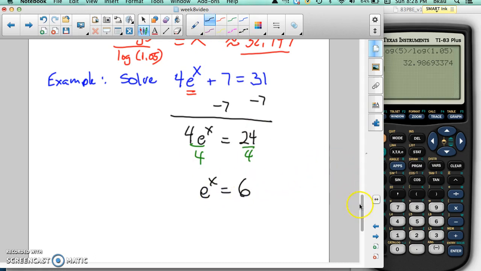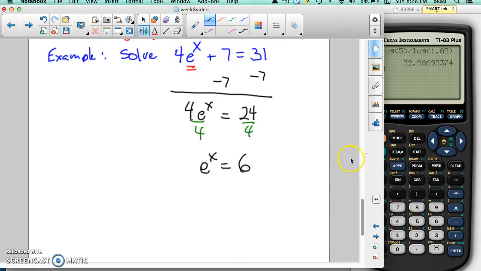Now on this type of problem, rather than using log base 10, since this is base e, I would use the other logarithm. We can use either logarithm when we apply this, but the natural logarithm is the inverse of e to the x. When we take the natural logarithm, we will just get these two things to undo each other, and we will get x equals ln of 6.